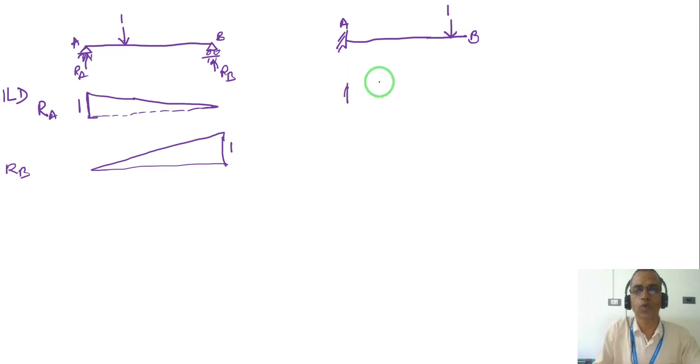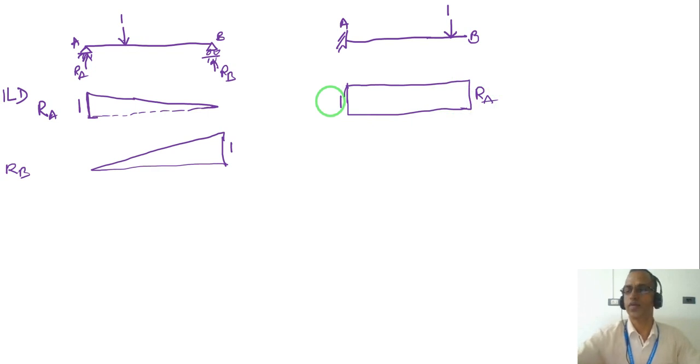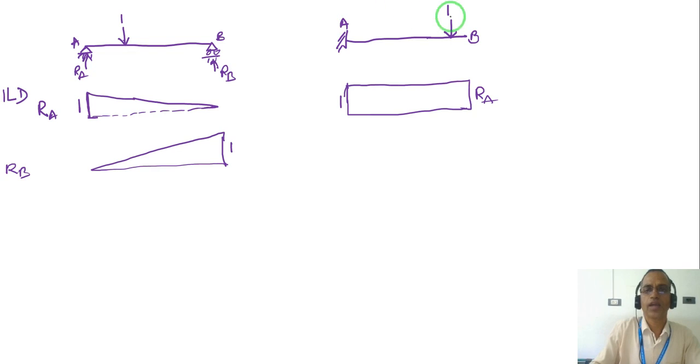That means throughout the beam, moving the unit load throughout the beam, the reaction remains 1. So this will be my ILD for RA. Quantity is 1. So this is the ILD for RA for a cantilever beam.